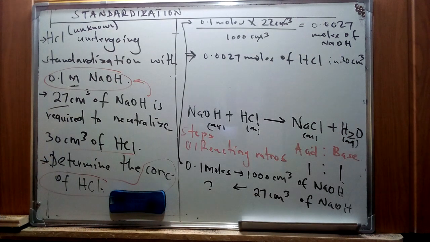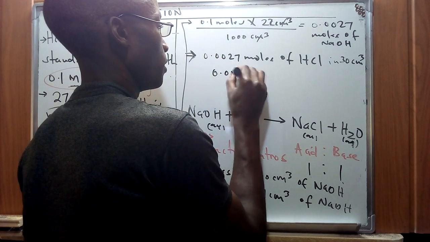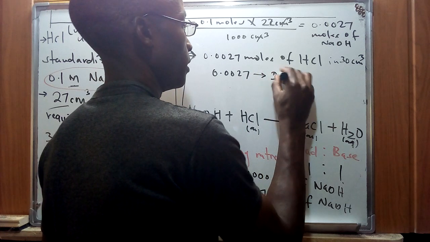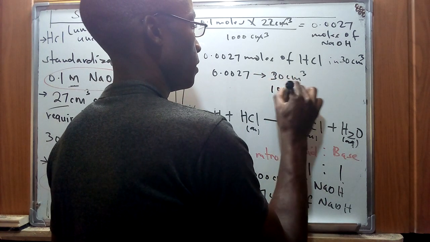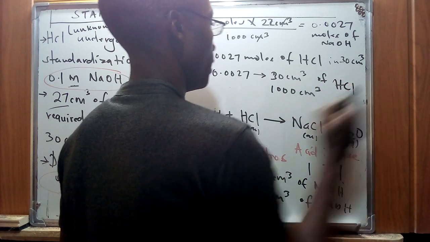In finding the concentration of that acid, we're going to use the concept of molarity and say that if 0.0027 moles are contained in 30 centimeter cubed, then 1 molar is going to entail 1000 centimeter cubed of HCl.